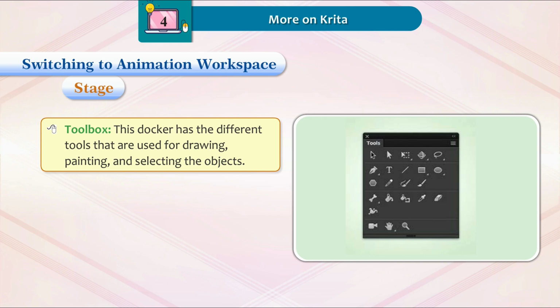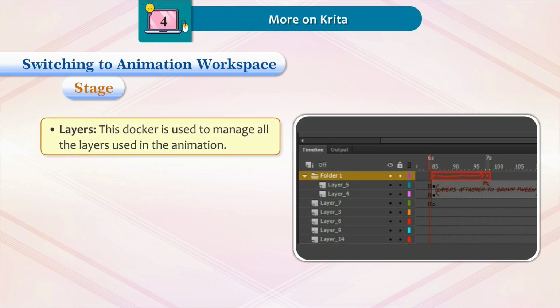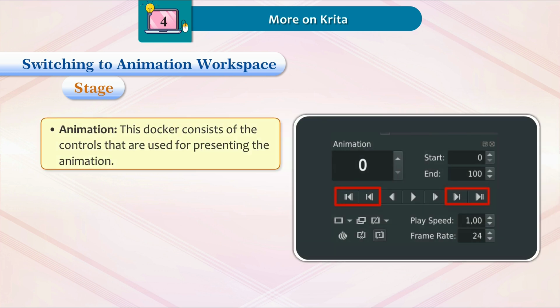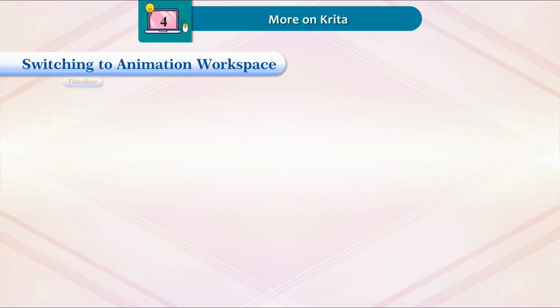Toolbox. This docker has the different tools that are used for drawing, painting, and selecting the objects. Layers. This docker is used to manage all the layers used in the animation. Animation. This docker consists of the controls that are used for presenting the animation.